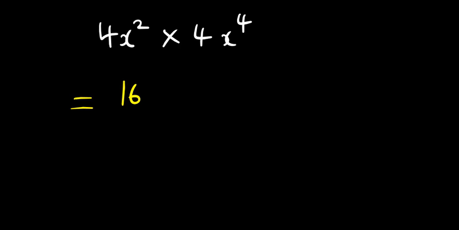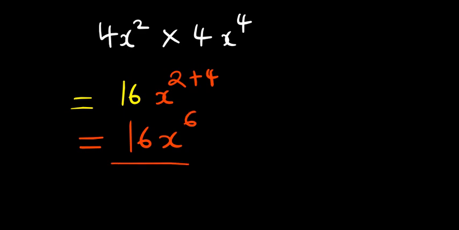Then when I come to the variable, x squared multiplied by x to the power 4, because we've got the same base, what am I going to do to the powers? I'm going to add the powers, so it will be x to the power 2 plus 4, that will give us x to the power 6. So basically, this is how we solve such a one.